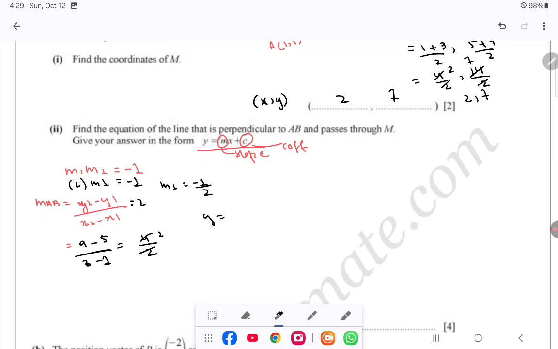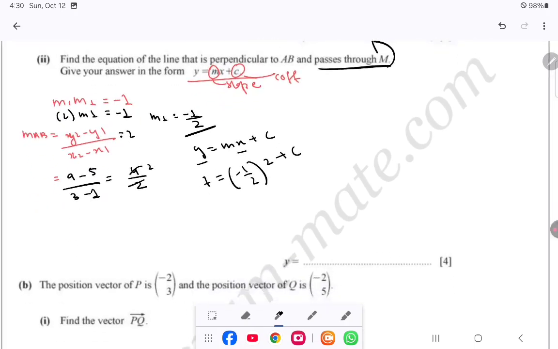y equals mx plus c. Since the perpendicular line passes through M, we can put the point M which we just calculated, (2, 7), in the position of x and y. So 2 is our x and 7 is our y. 7 equals m, which we just calculated as negative half, times x which is 2, plus c.